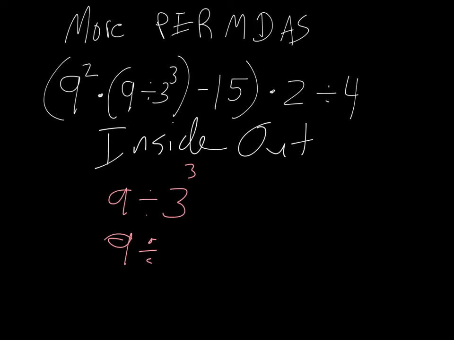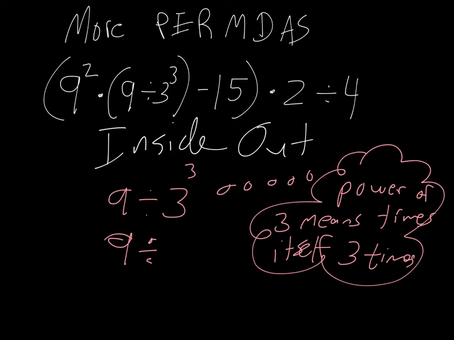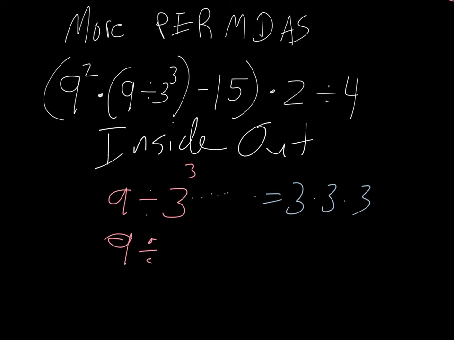Recall my little thought bubble: cubed, the power of 3, means times itself 3 times. Which means it will be 3 times 3 times 3. So 3 cubed is 3 times 3 times 3, which is 27. 3 times 3 is 9, times another 3 is 27.